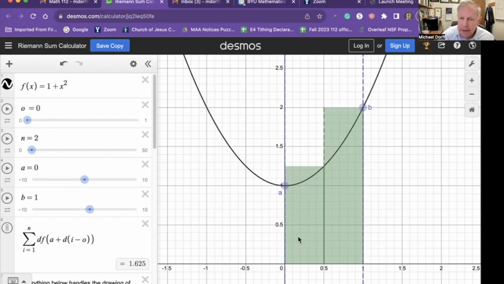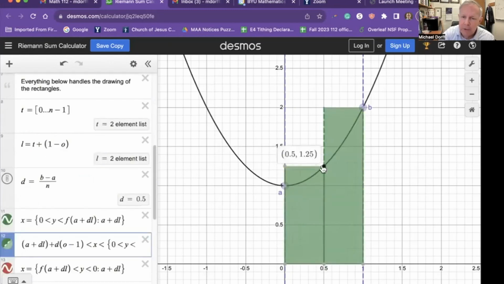My left rectangle, instead of using the left x value, I'm going to use the right x value to go all the way up to the curve. So in this case, for the left rectangle, I'm going to use the value x equals a half, and I plug that into my function 1 plus x squared, and I get this height value 1.25. So this left rectangle now has a base of a half and a height of 1.25.